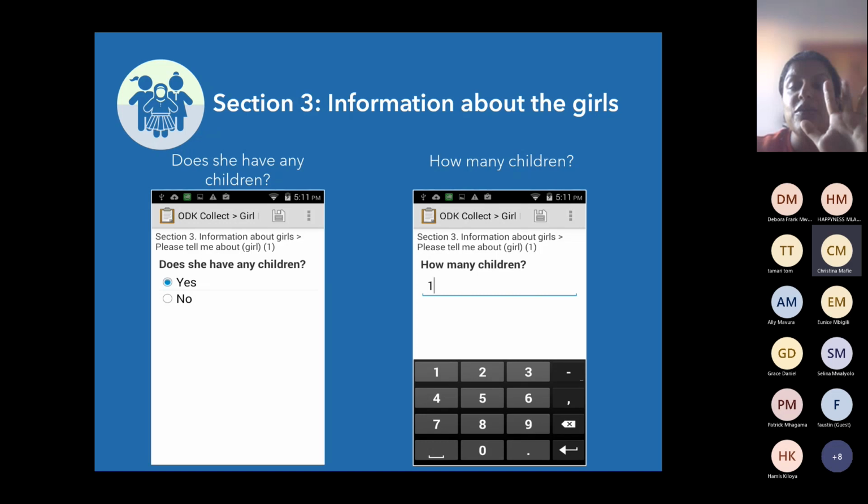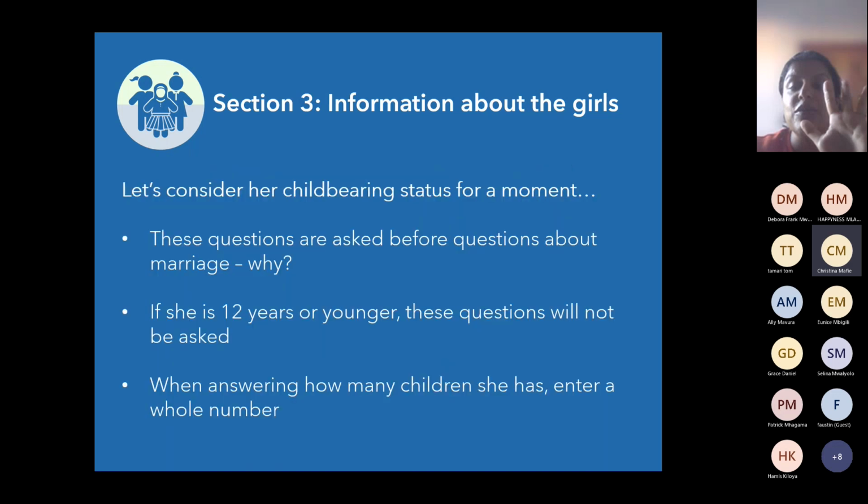That said, in certain contexts, and I haven't faced this issue in Tanzania, we will reorder it, especially if there's a stigma of suggesting that she has children and she's not married. But we haven't had that issue so far in Tanzania. So I will likely, in discussion with you, keep it the way it is.